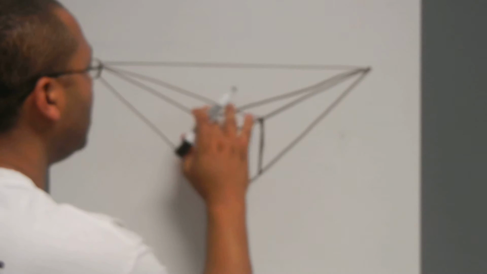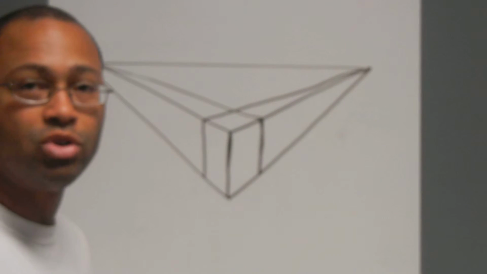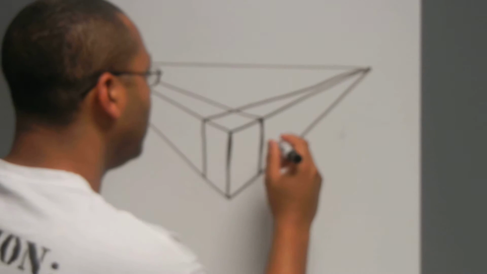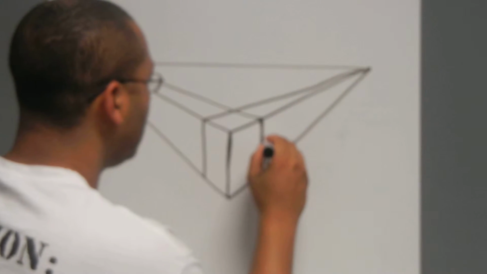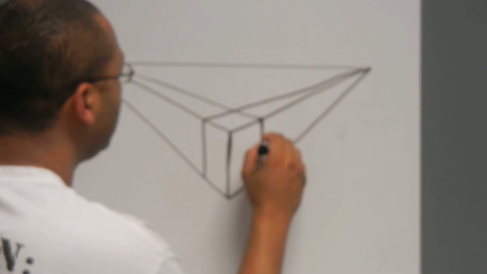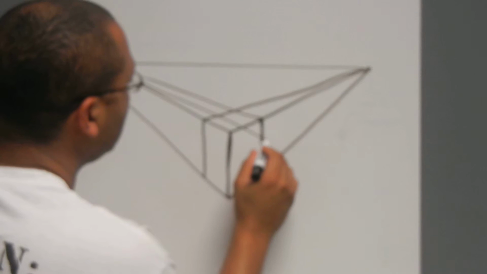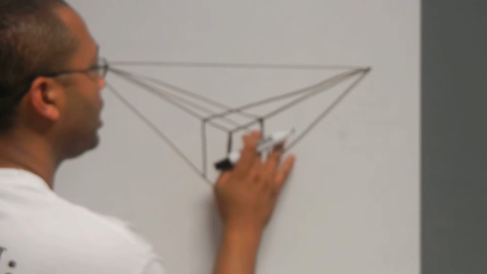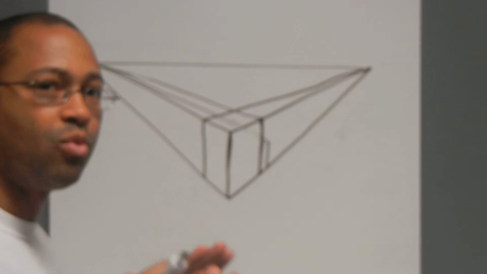I can then erase these lines if I needed to, or if I didn't want them. If I wanted to draw another building, I would do so. Let's say it's not connected, so I can probably imagine drawing that, and then when I get done, just make sure I erase that line.